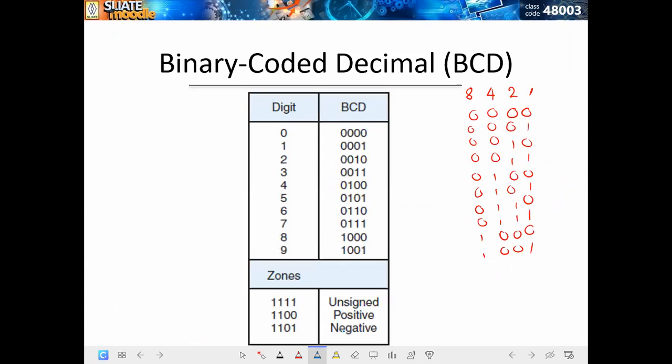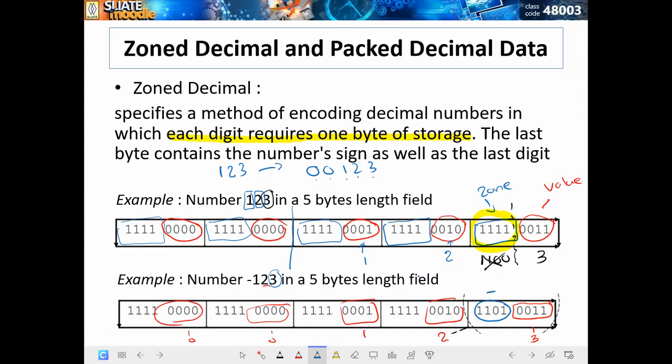Here, negative 1101. For the other zones, please remember you are going to put 1111, unsigned value, right? මොකද මේ block එකෙන් විතරමයි අපි sign එක decide කරන්නේ. Only the rightmost block, and the zone of the rightmost block is responsible for the sign.